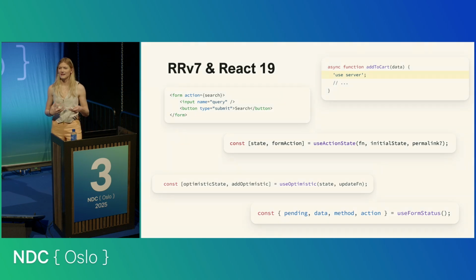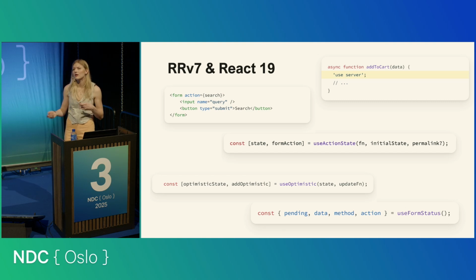Use optimistic lets you execute optimistic updates, like when React Router checks the navigation or a fetcher to show optimistic UI. Use form status can be used to disable buttons when forms are submitting, just like we do in React Router. So these hooks in 19 are a more composable and component-bound way to do the same things. So it looks like it's been inspired, but of course it's not unique to React Router, but it's definitely using the concepts that React Router started using early on.